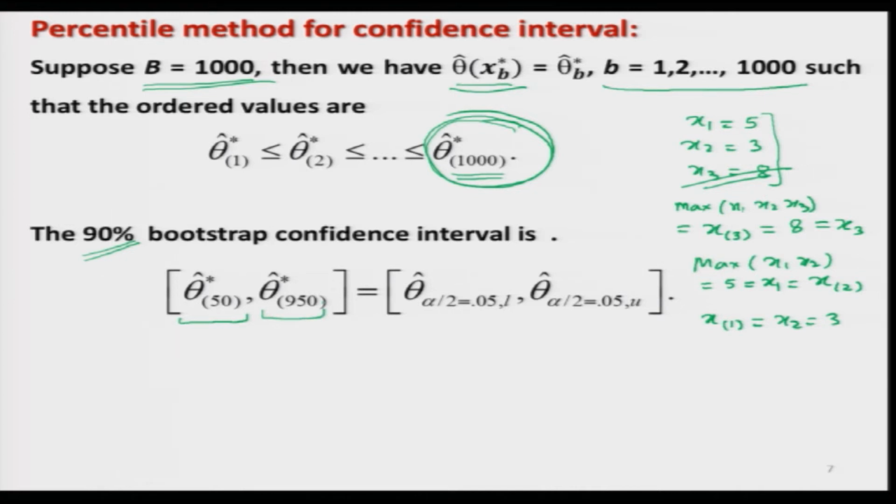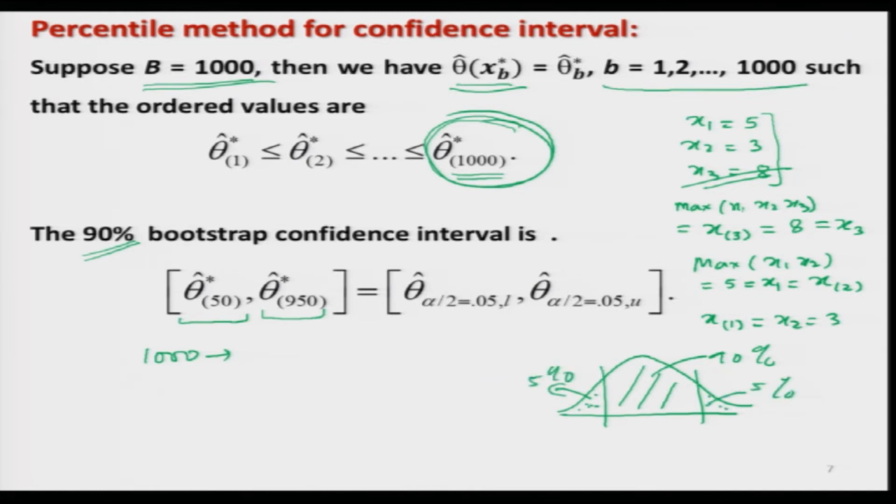Why? Because we are taking 1000 values, and I want 90%. So the area in the middle is 90%, and the area on the two sides is 5% each.